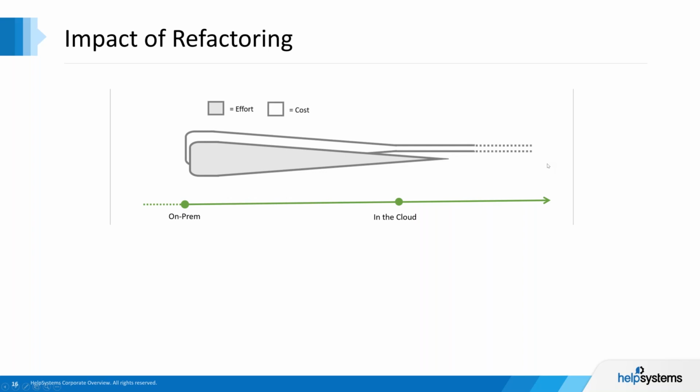From a cost perspective, it's obviously the best way to do it. You incur most of the cost by doing the refactoring, but once you're in the cloud, you have this well-behaving application that is elastic and is only going to use the amount of the resources that it actually requires, and it's not allocating resources in an inefficient way.